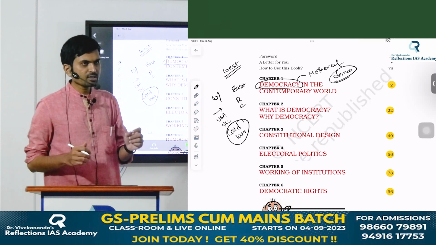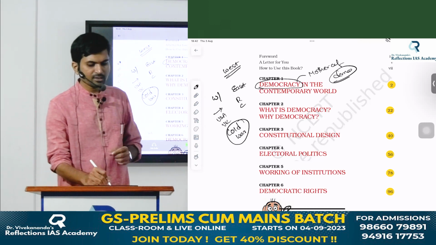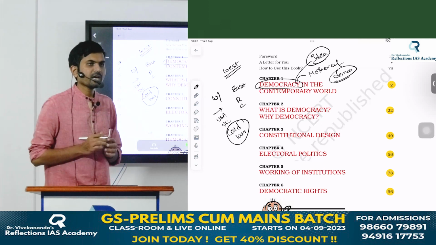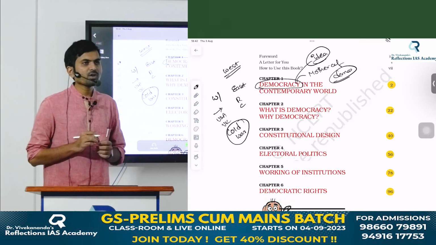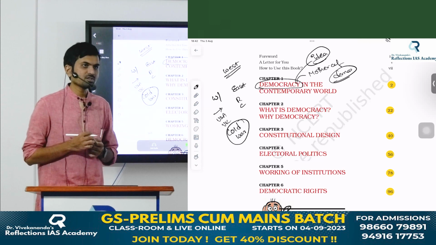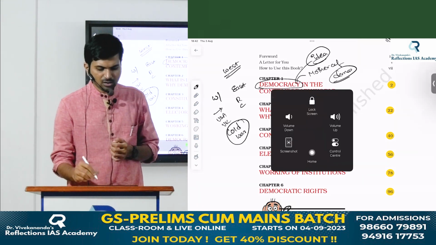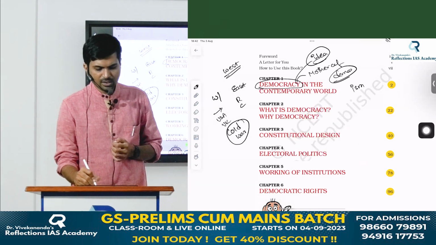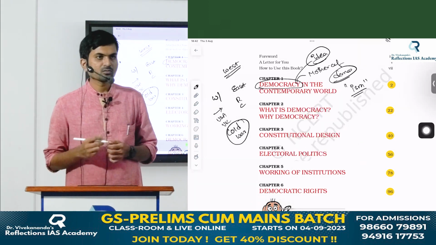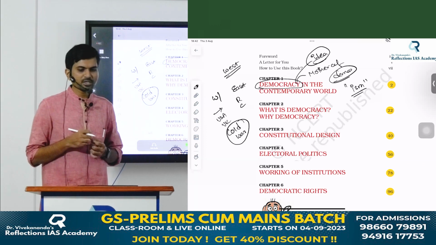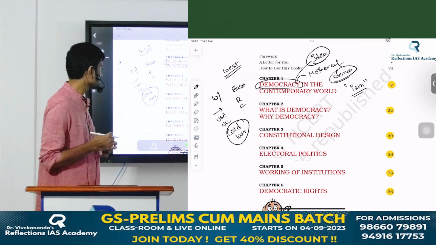Democracy in simple understanding is an idea in application. That is why we call all these things ideologies. We also heard the term ism: patriotism, communalism. Yes or no? What is ism?